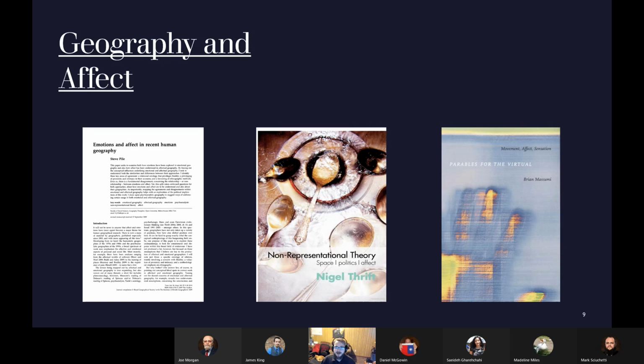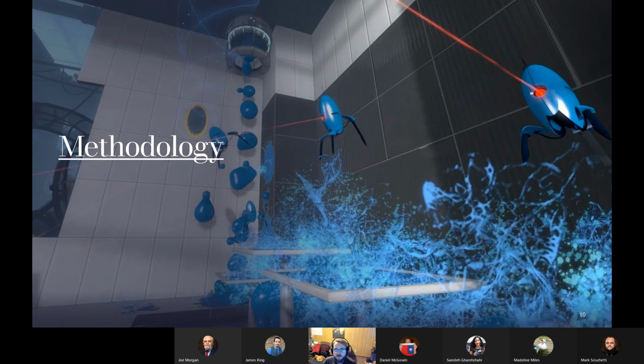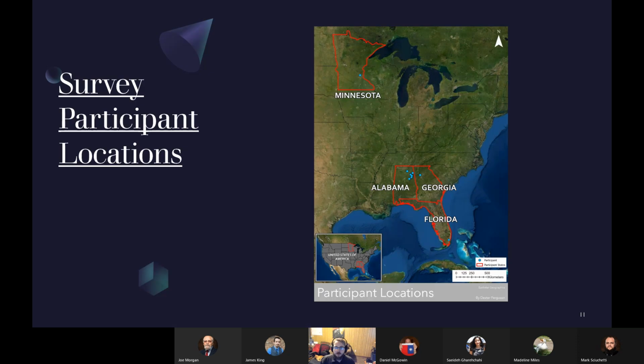All right. So now that we have some core geographic theories that I use, let's get into our methodology. Right here is a map of the participants that I've collected in the survey. We have one in Minnesota, around 26 in Alabama, one in Georgia, and one in Florida.